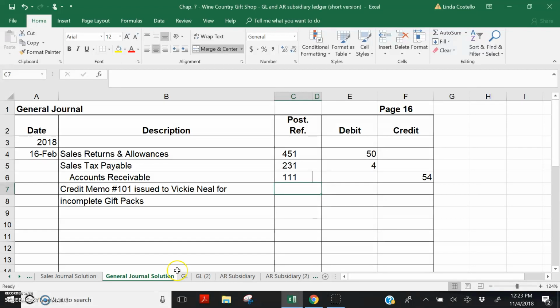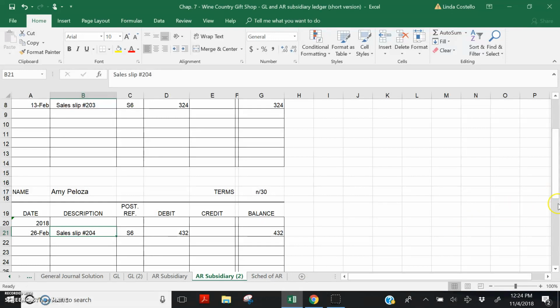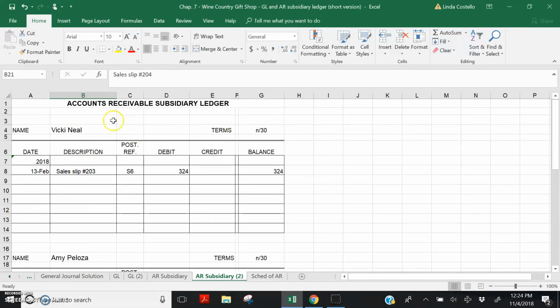Turning to the general journal, let's post this $54 credit to accounts receivable to Vicki Neal's customer card. Accounts receivable subsidiary ledger, Vicki Neal.